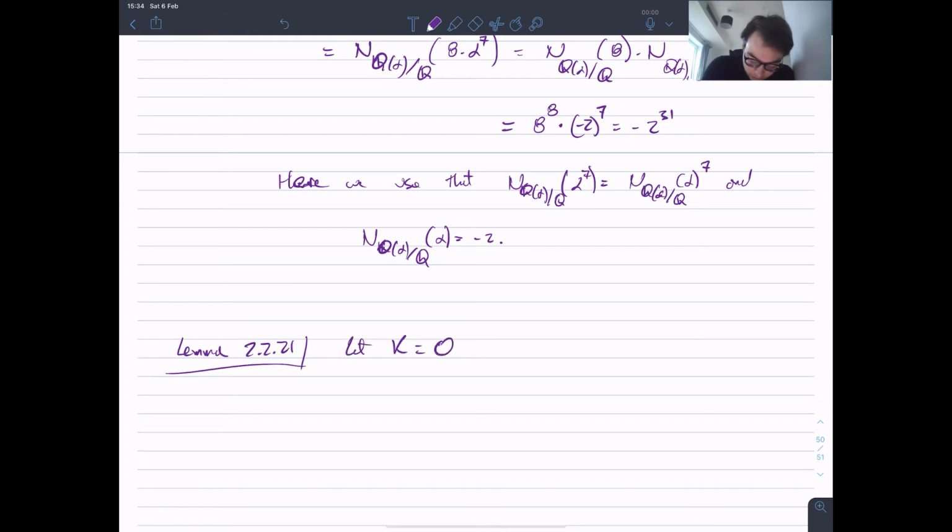Let K be Q(alpha), and alpha an algebraic integer, such that its minimal polynomial satisfies Eisenstein's criterion.